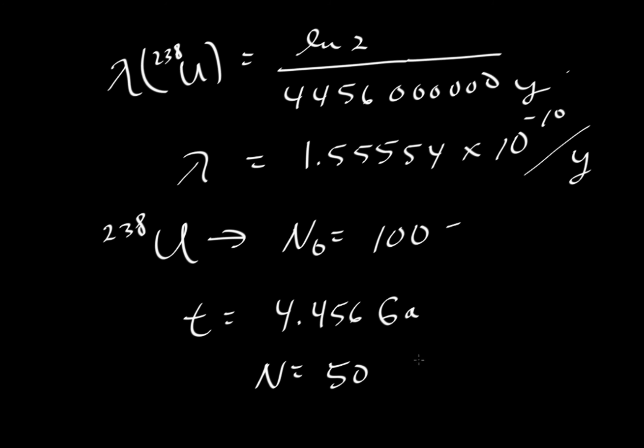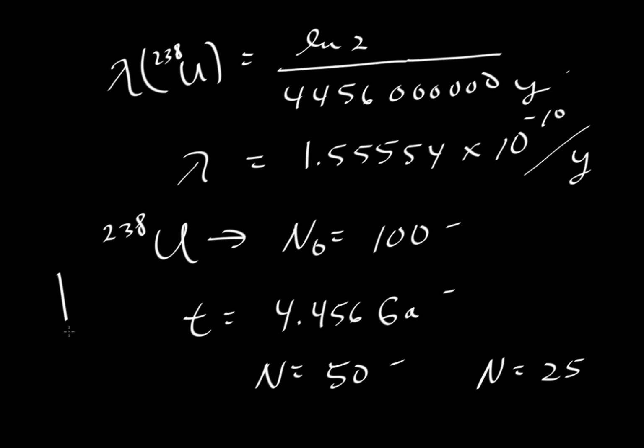So we'd start out with 100, we've gone through one half-life, and so after one half-life we would have 50 left. If we went through 2 half-lives, which is pretty close to 9 billion years, then we would have about 25 left, and so the number of atoms would keep being cut in half over and over again.